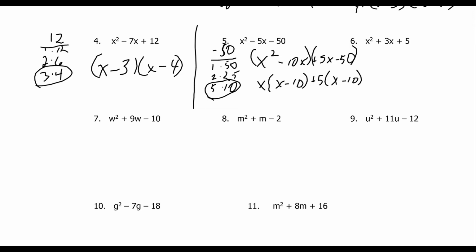Now, I want y'all to notice something about this. We wind up with the same thing in each set of parentheses, the x minus 10 and the x minus 10. If you don't wind up with the same thing there, then you're doing something wrong. So we got x plus 5, and we got x minus 10. And there it is.